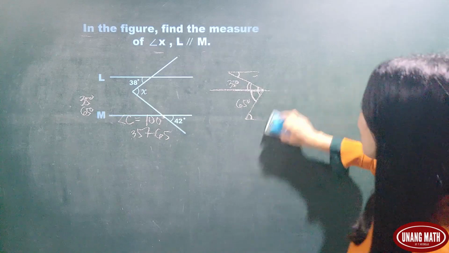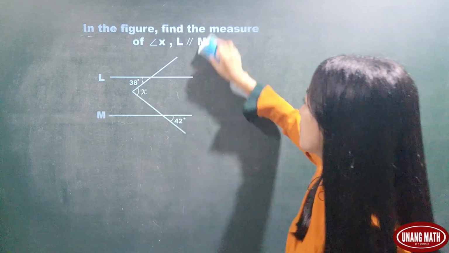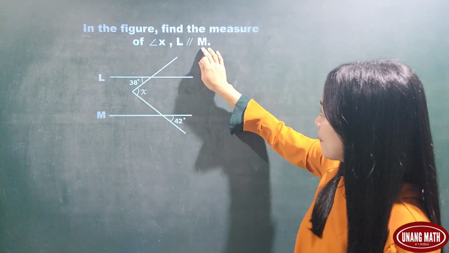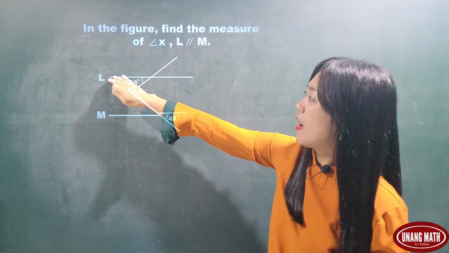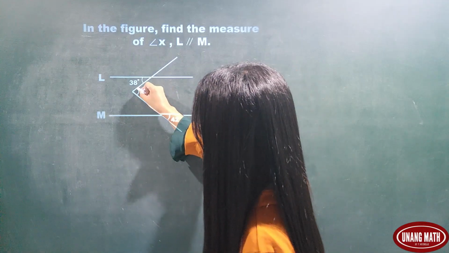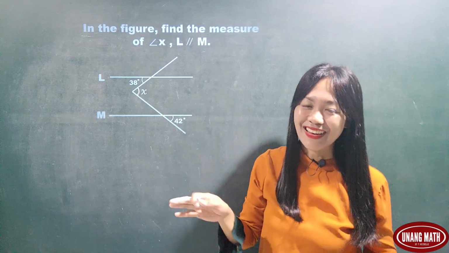Okay, now let's answer this simple activity. In the figure, we will find the measure of angle X when line L and M are parallel lines. So where's angle X? Okay, this angle. L and M are parallel lines.